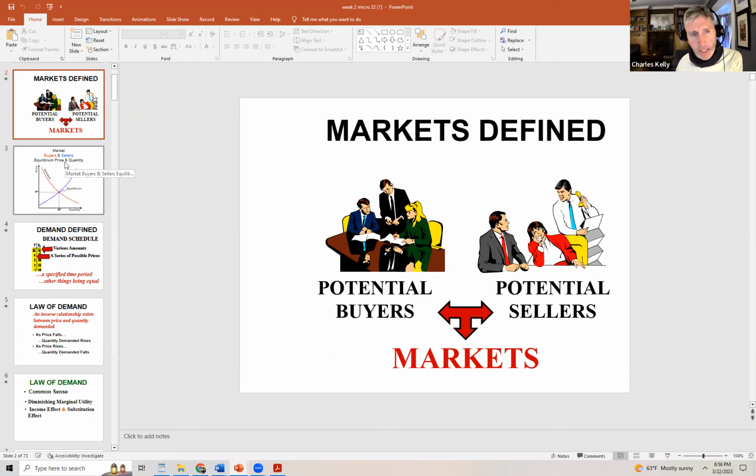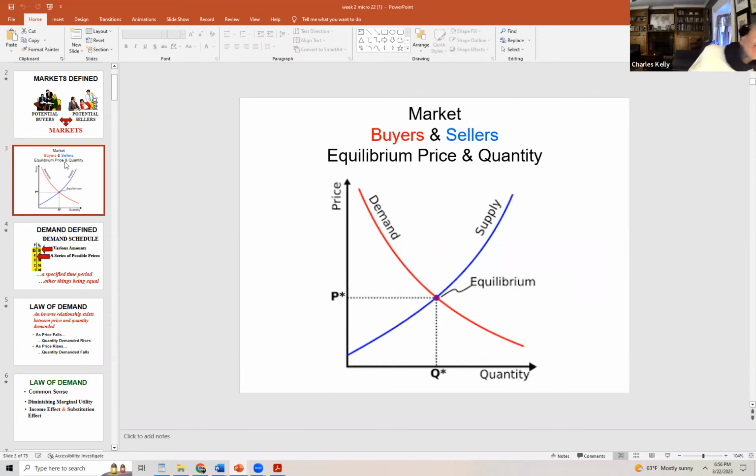So here is a graph of a market. Every market has buyers and sellers. The downward sloping red demand curve represents the buyers in the market. The upward sloping blue supply curve represents the sellers in the market. Economists are interested in price and quantity.